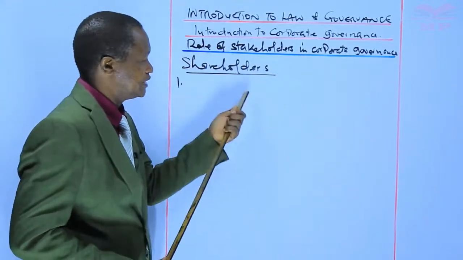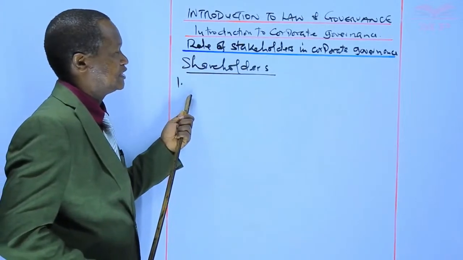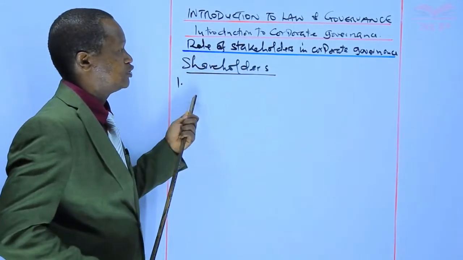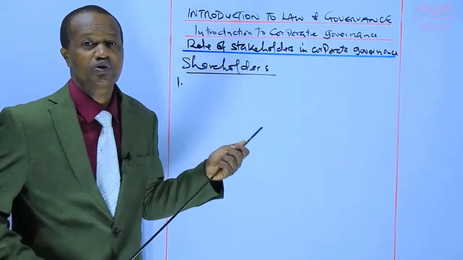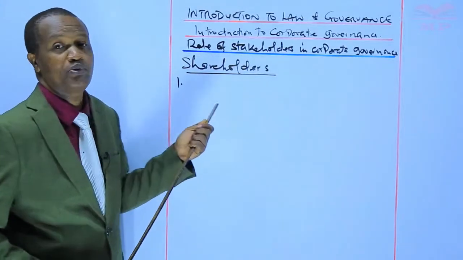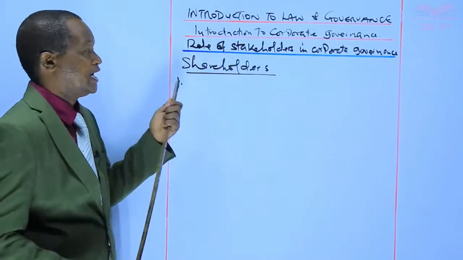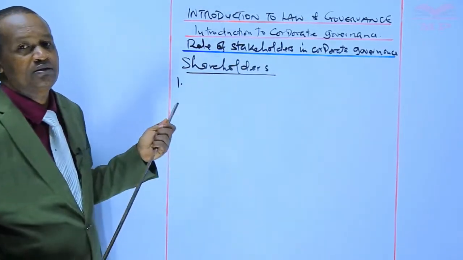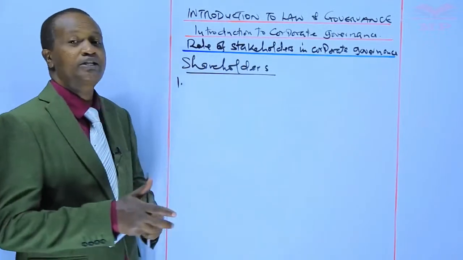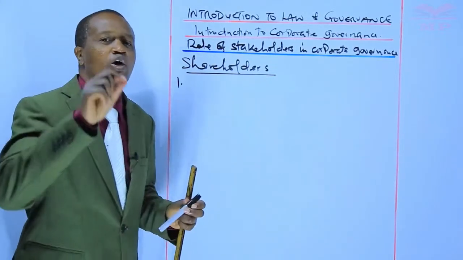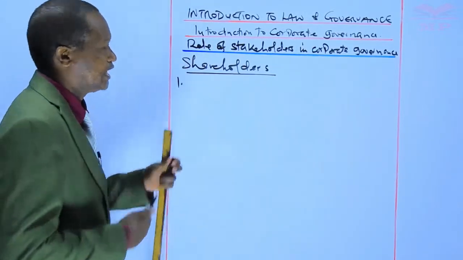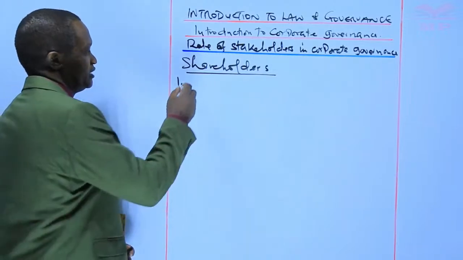So when appointing the directors, the shareholders ought to ensure that the individuals they are putting in office are people who will discharge their functions as required. They ensure that only competent and reliable persons are appointed.